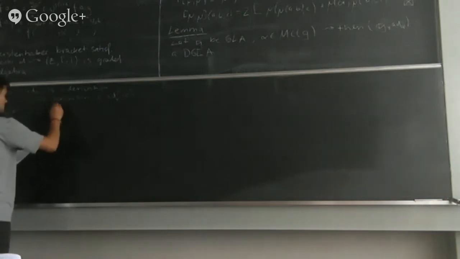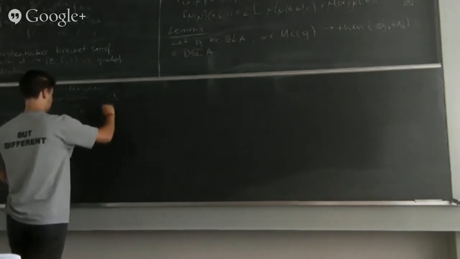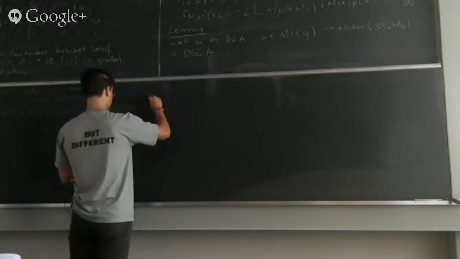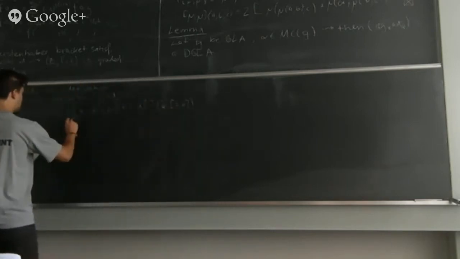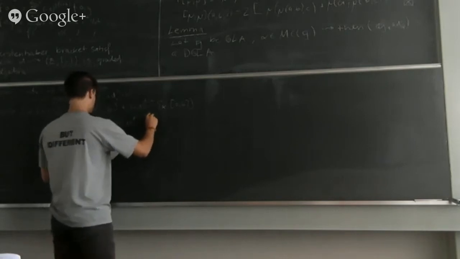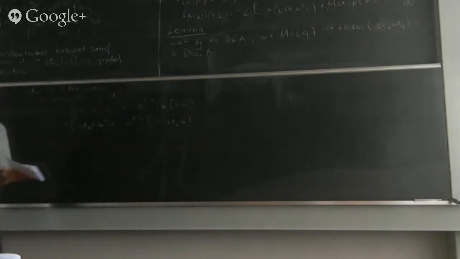By definition, the bracket of two elements is equal to alpha of them, and since alpha is integrable here, therefore we have the Jacobi identity, which is equal to this definition of derivation.